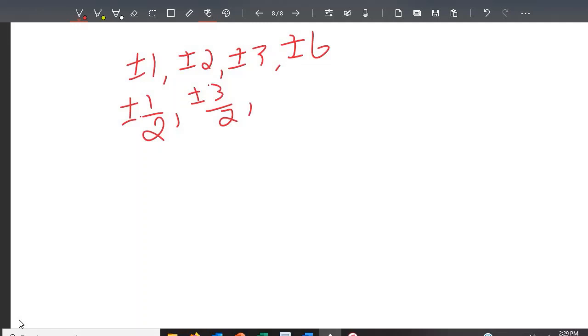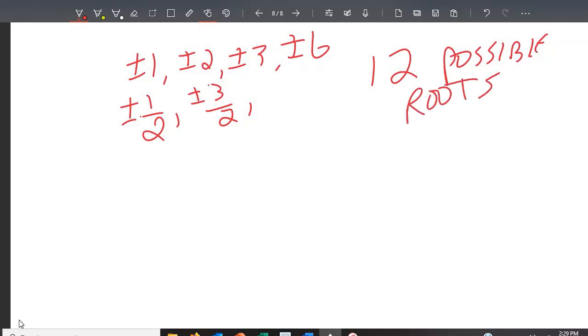Then 6 divided by 2, which is 3, which we already have. Now, notice I got 12 possible roots. It is possible none of those work, but we have to be able to create this list.